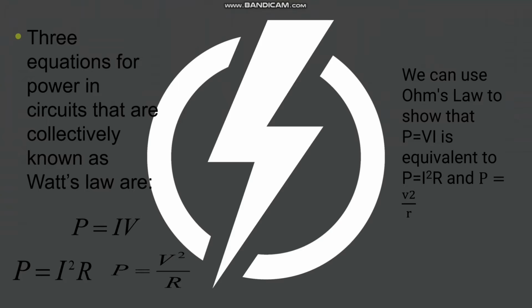And the third and last one is power equals voltage squared over resistance. We can use Ohm's law to show that power equals voltage times current is equivalent to power equals current squared times resistance, and P equals voltage squared over resistance.